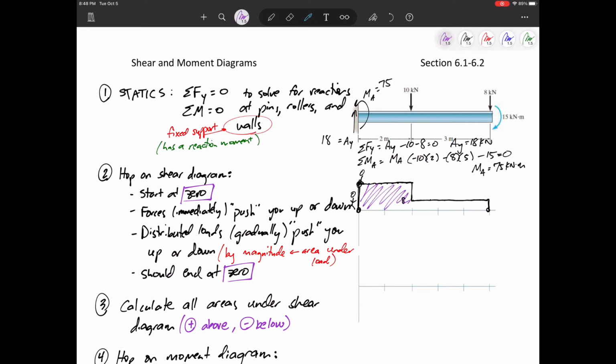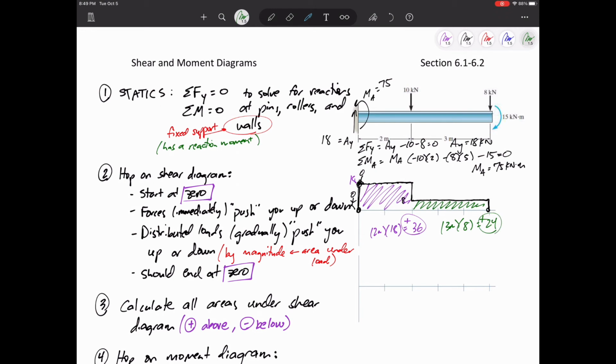This section is base times height: base is 2 meters, height is 18 kilonewtons, so 36 kilonewton meters, positive because it's above the axis. This one is a rectangle, 3 times 8, so 24 is the positive area. We'll use those areas for our moment diagram.